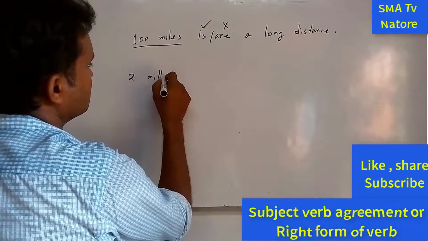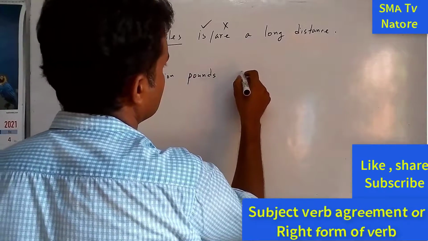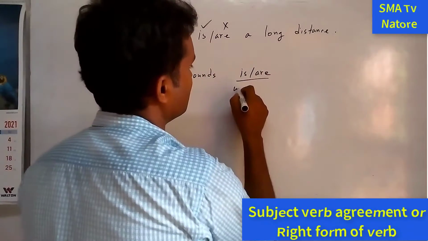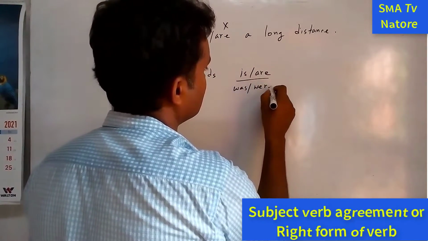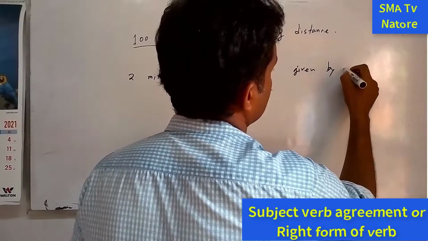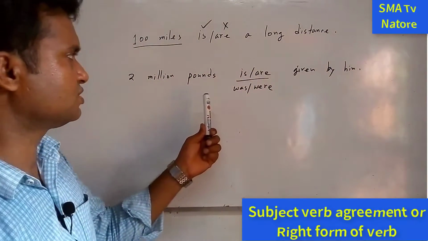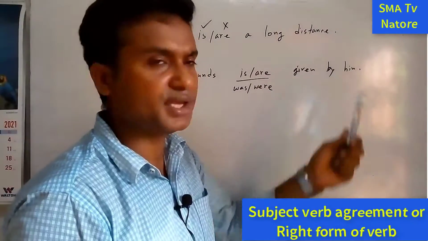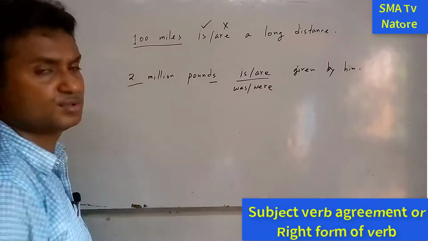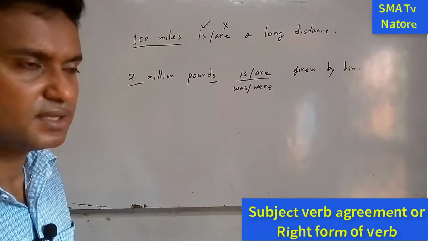£2 million is or are, or you can write was or were, given by him. So 2 million pounds is or are given by him. Which one is correct? You may think there is a plural form, and there are two plural forms, so finally you think the verb should be plural.